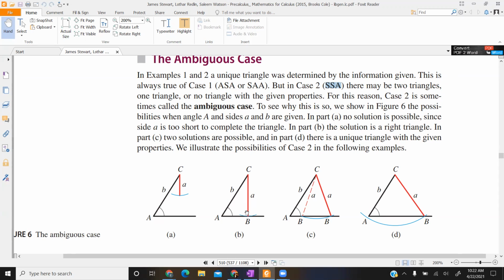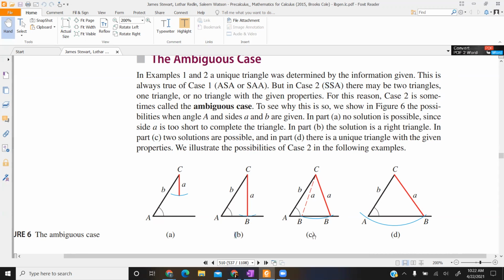If you look at this side length A, you can rotate it at different angles. This gives you cases B, C, and D, or case 2, case 3, and case 4. The angle C is different in each case, but the side lengths are the same and angle A is the same.